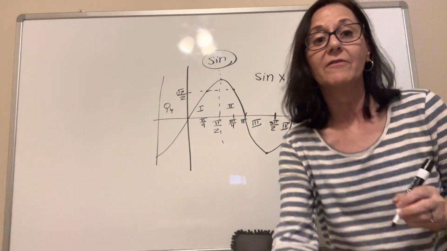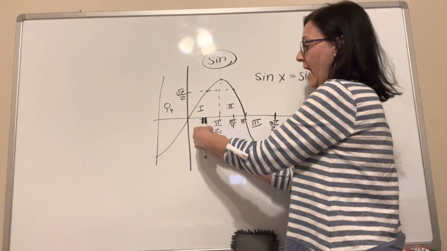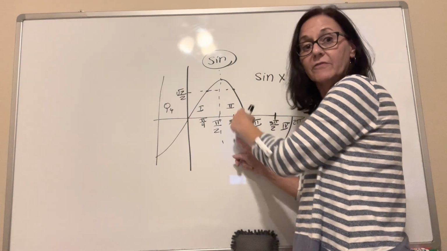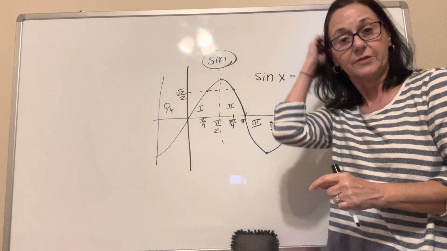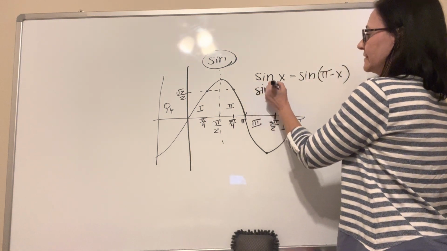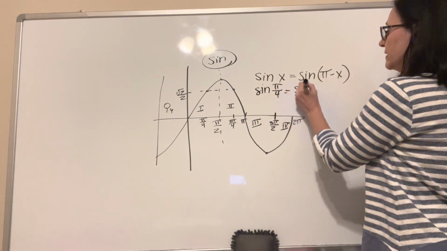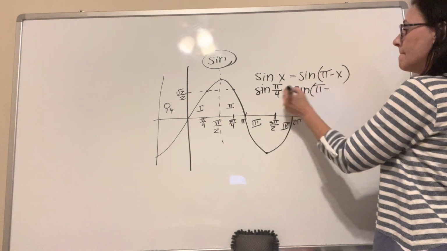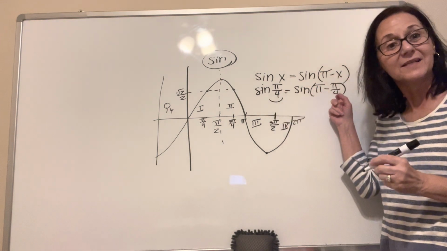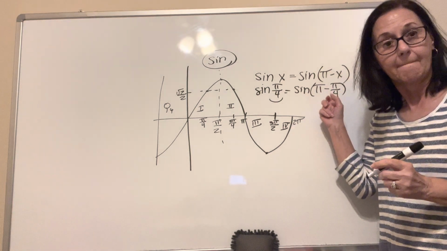Okay, so let's take pi over 4. We just agreed that the sine of pi over 4 is square root of 2 over 2, the same as the sine of 3 pi over 4. So that's the same thing as saying the sine of pi over 4 equals the sine of pi minus that x value, pi over 4. Well, what's pi minus 1/4 of a pi? It's 3/4 of a pi.